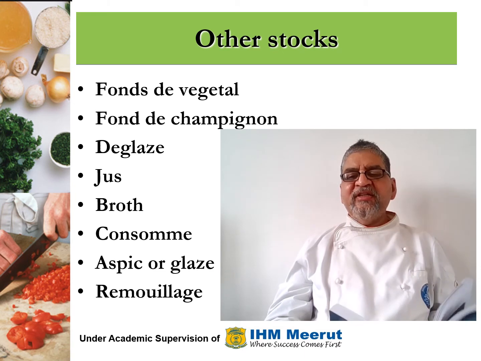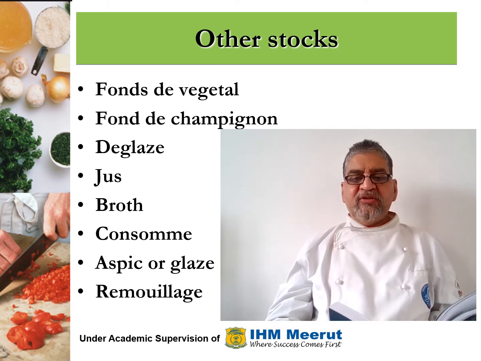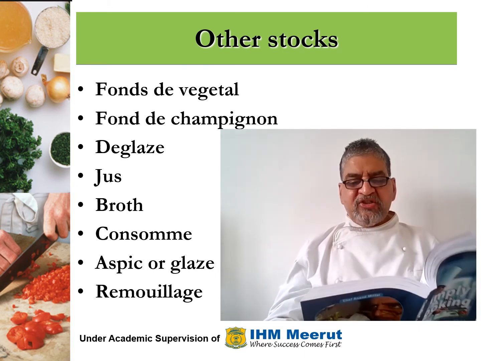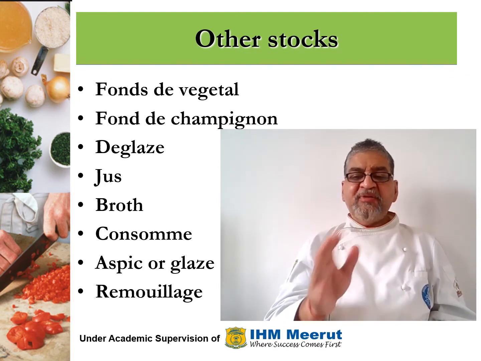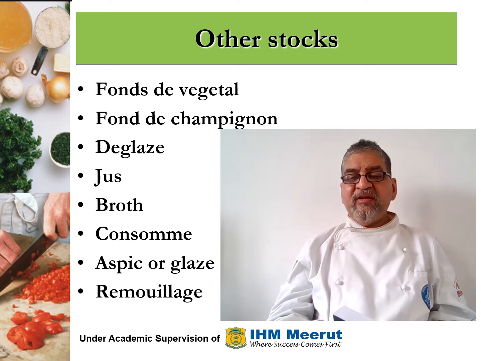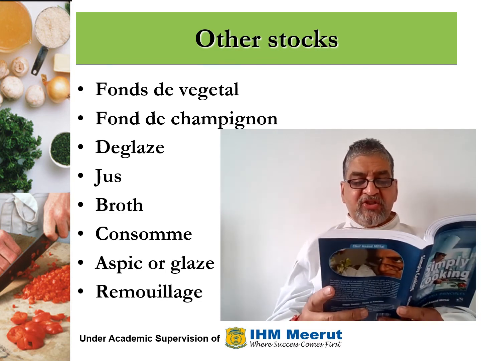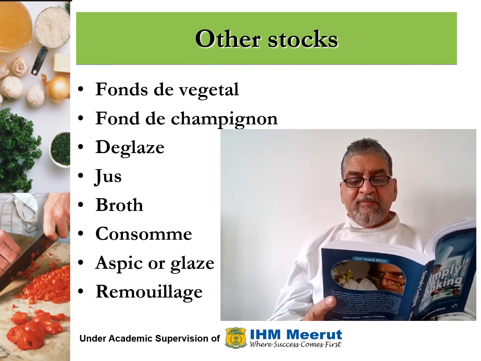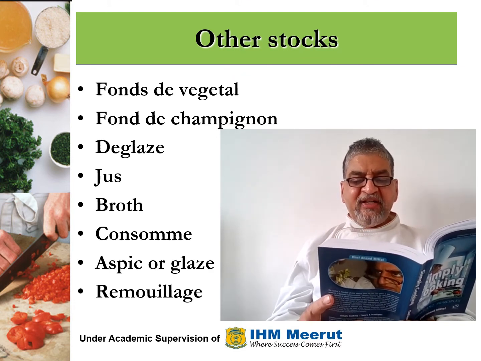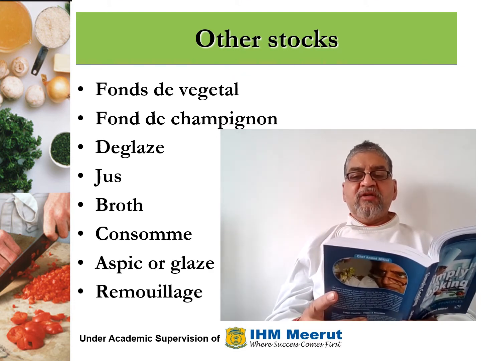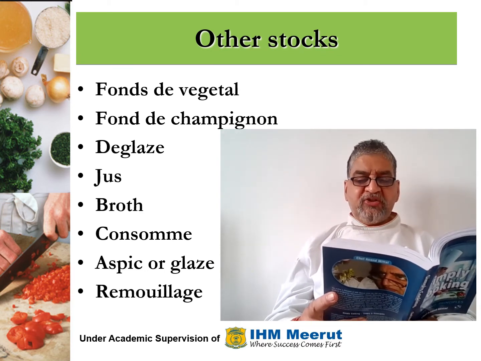And last but not the least is remouillage. What is remouillage? The English meaning of remouillage is remaining or leftover. A second stock preparation prepared using the same spent ingredients of the first stock is known as remouillage.